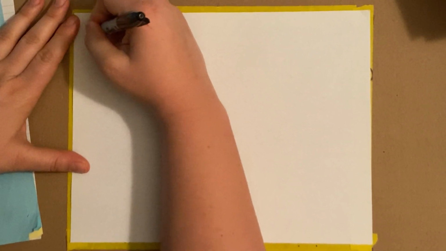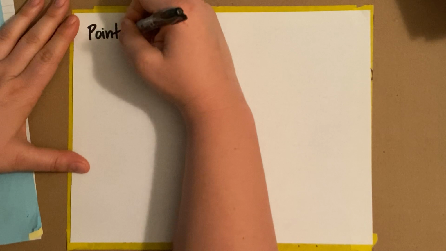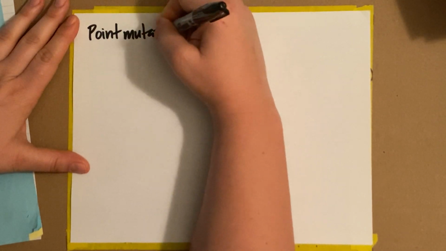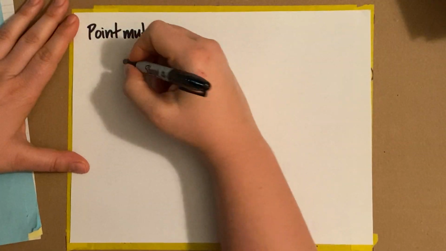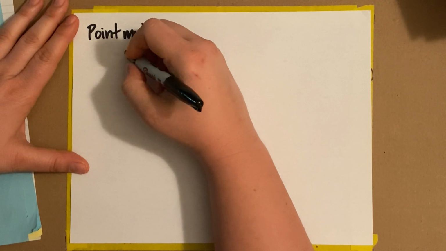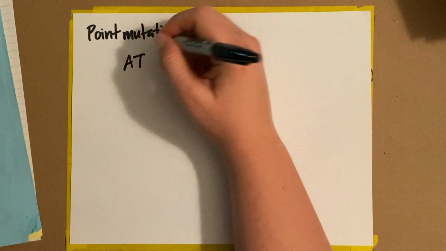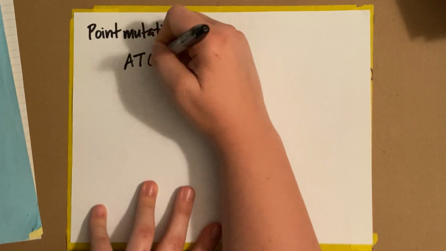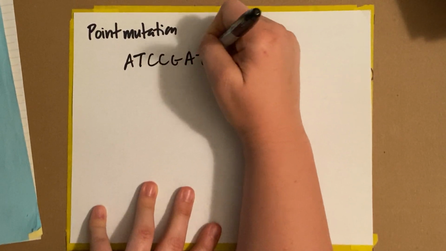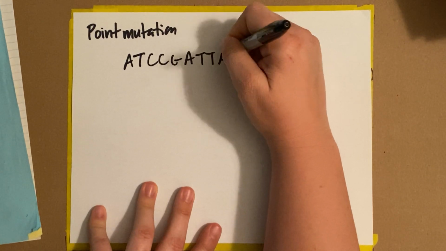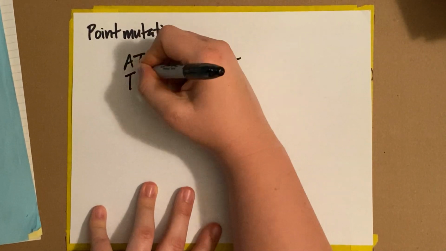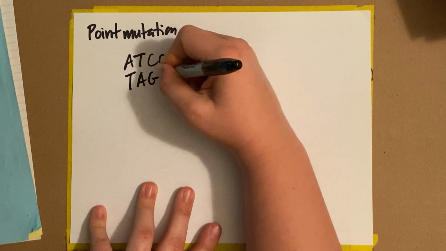This first type is called a point mutation. Let's say that we have our sequence, and we're talking about DNA again, so no U's are here. I'm just going to draw the corresponding strands.